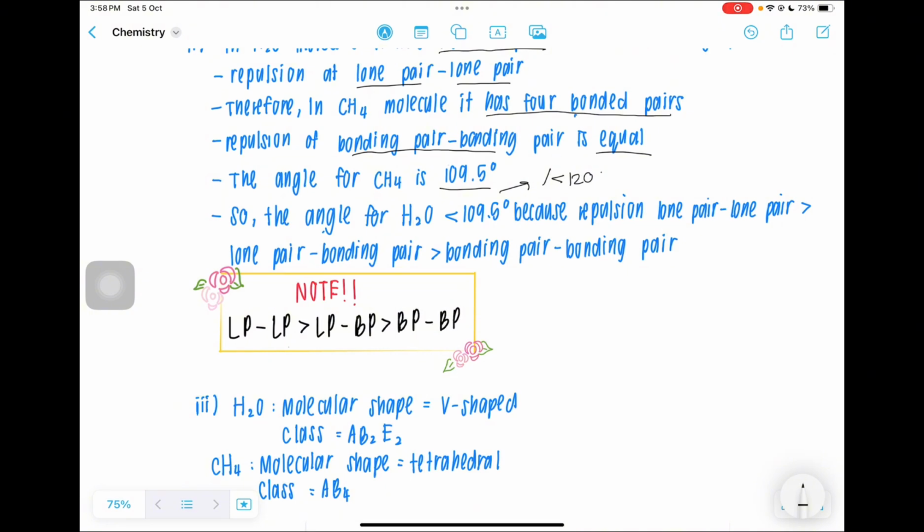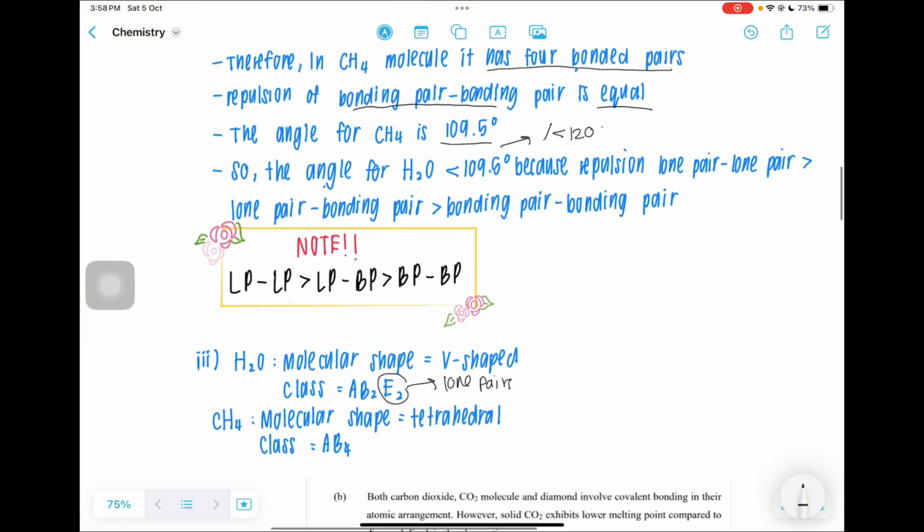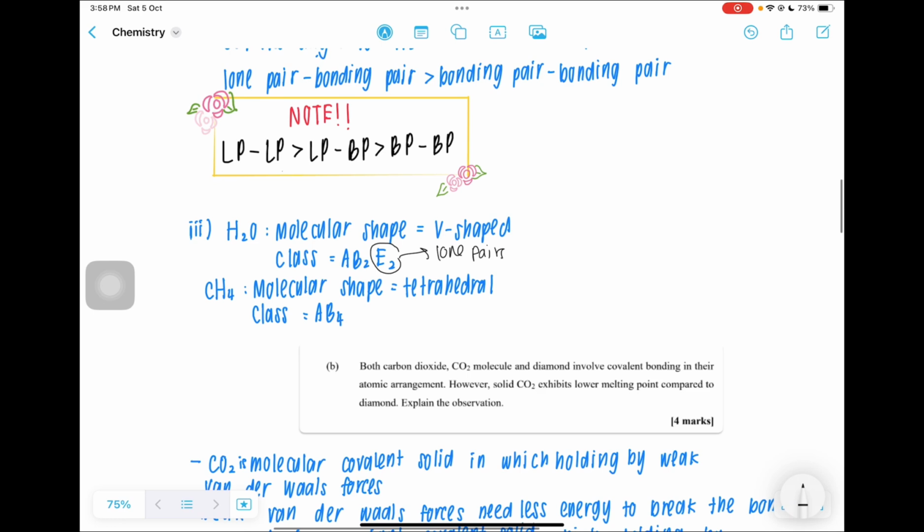Why AB2E2? Because E is for lone pair. And why is the class for CH4 AB4? Because it doesn't consist of any lone pairs in the Lewis structure. And we go to the next question.